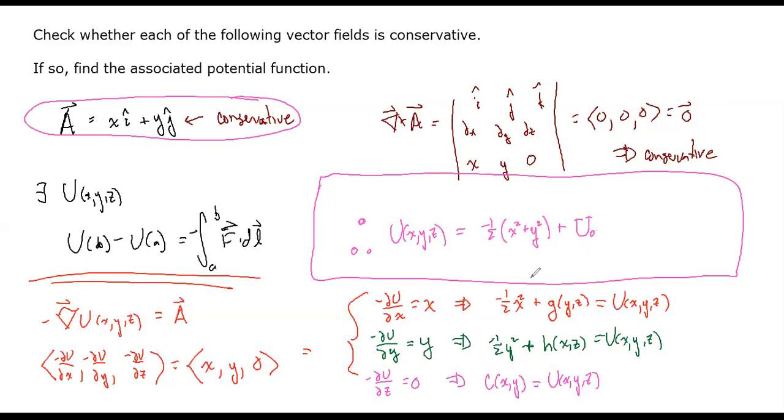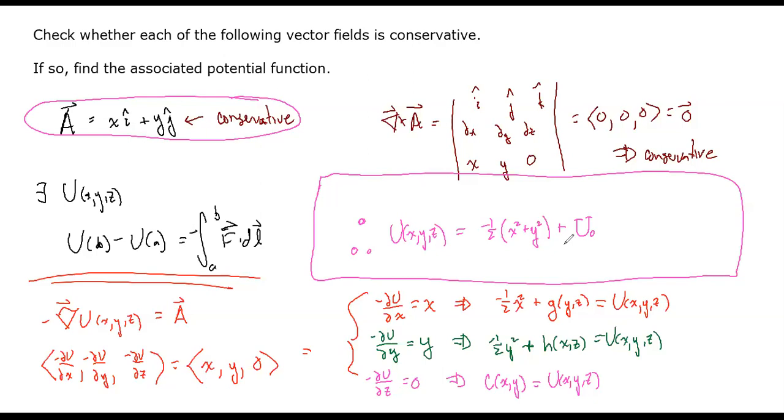Okay, what's the thing that I should do to make sure I got it right? I should check this by taking the gradient of u. If I took the gradient of u, what I would get is negative gradient of u. I would get x, y, 0 as the negative gradient of u, which is my force in the first place.